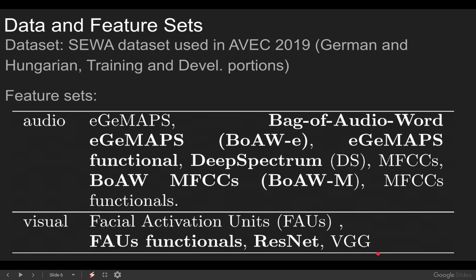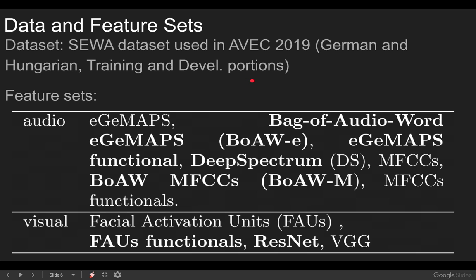So let's move to the data and feature sets we use in this research. For the dataset, we use part of the RECOLA dataset used in AVEC 2019, the Audiovisual Emotion Challenge last year. This dataset originally contains three languages: German, Hungarian, and Chinese. German and Hungarian are used for training and development, while Chinese is used for testing.